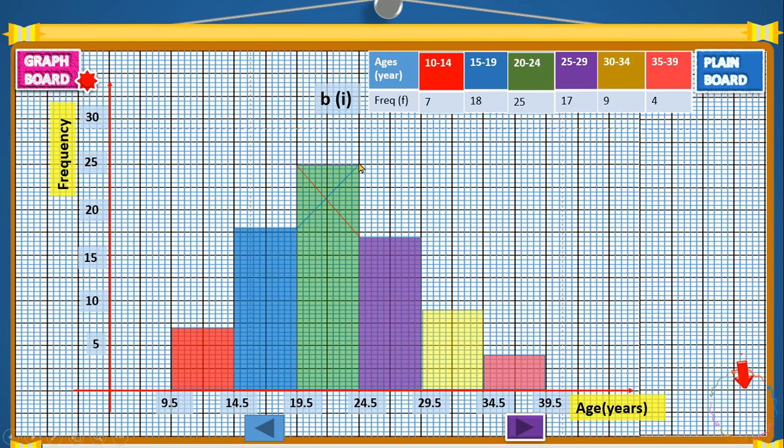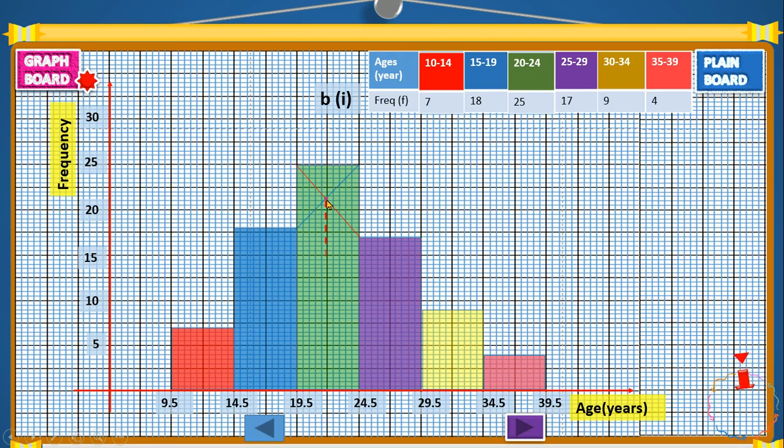You do the same thing from the upper right corner of the tallest rectangle to the upper right corner of the rectangle to its left. So now, the point where this blue line and this red line intersect represents the mode, because the modal class is 20 to 24, and the mode is the particular number at the center, which belongs to this class.